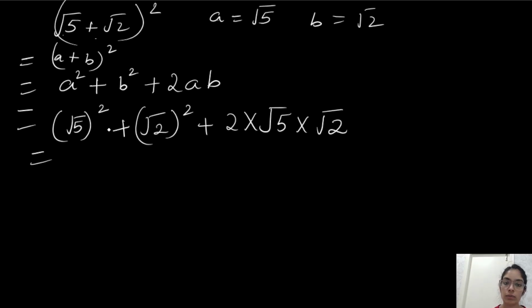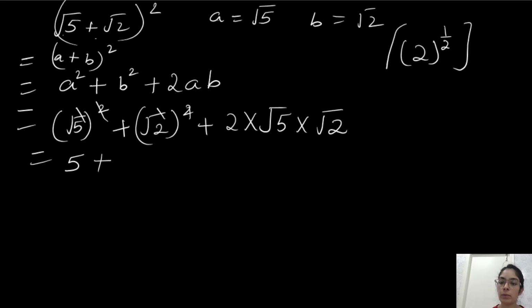So (√5) squared is √5 into √5, which is equal to 5, or directly the square root and square you can cancel, because square root means power 1/2. So √2 means 2 to the power 1/2 and whole power 2, so these get cancelled.